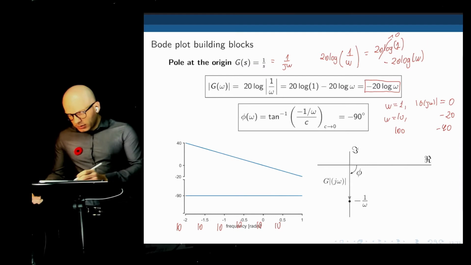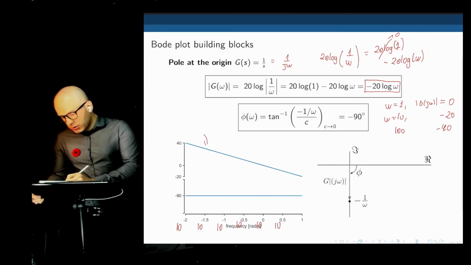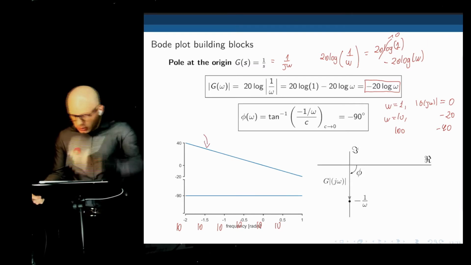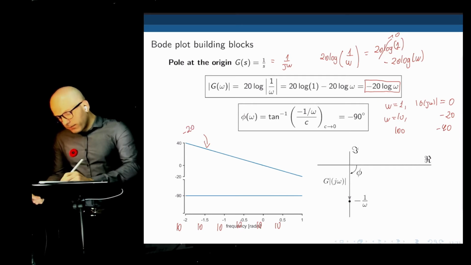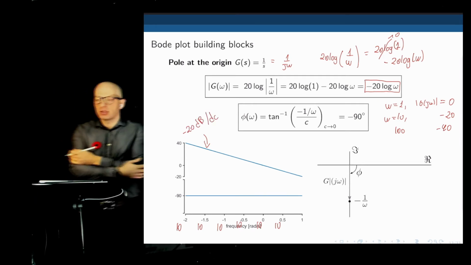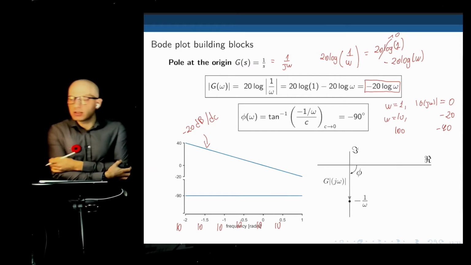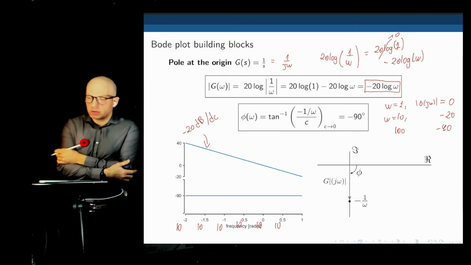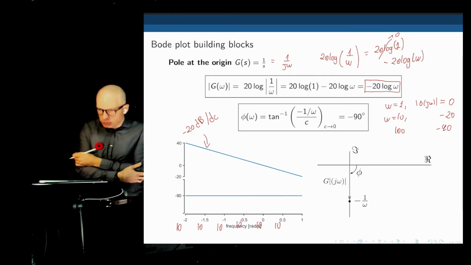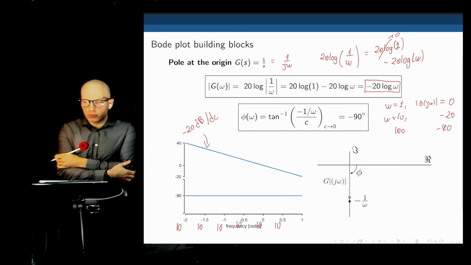So a pole at the origin results in a decay of negative 20 decibels per frequency decade.